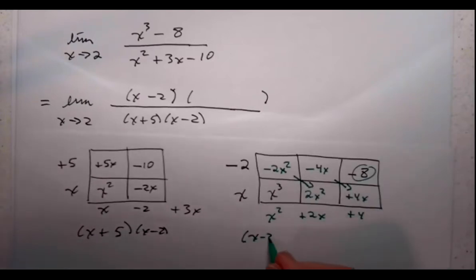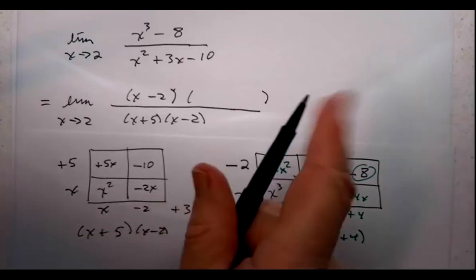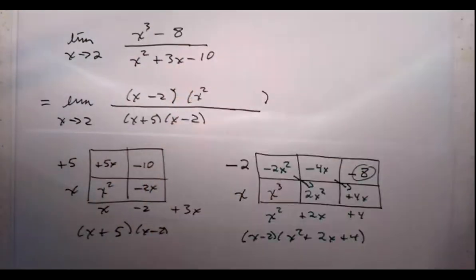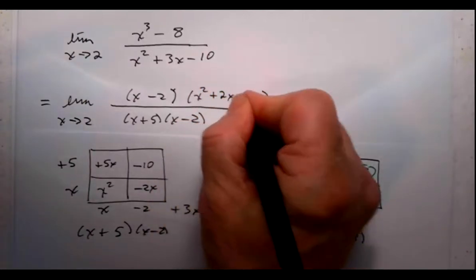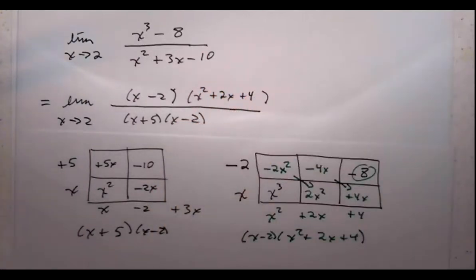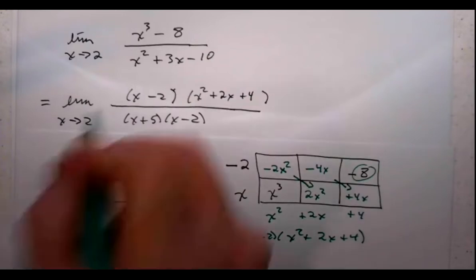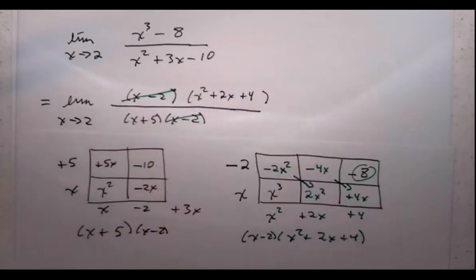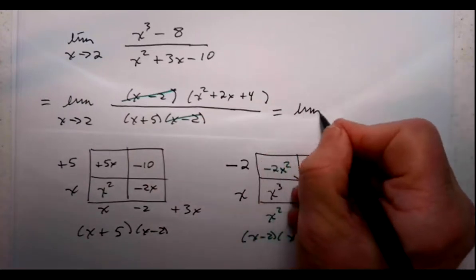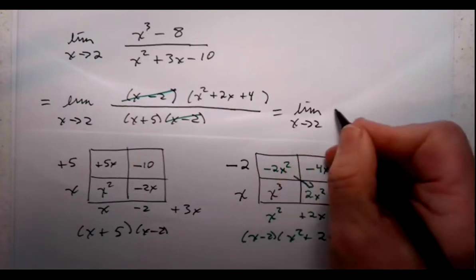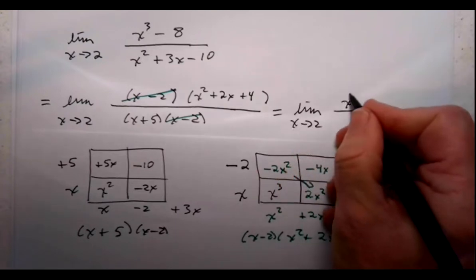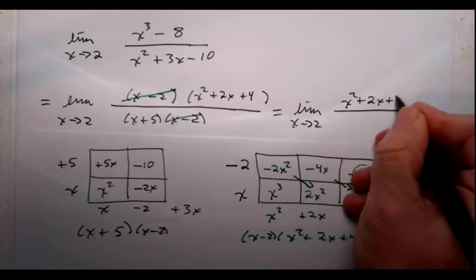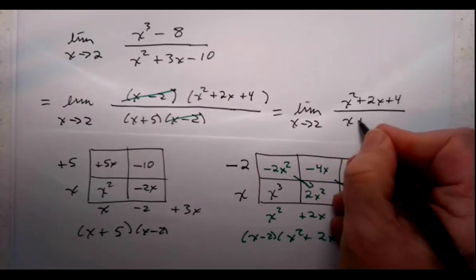So we get x minus 2 times x squared plus 2x plus 4. So that's what goes on top. Now there's the good news. The x minus 2's divide out. X minus 2 goes away. So now the result is the limit as x approaches 2 of x squared plus 2x plus 4 upstairs over x plus 5 downstairs.